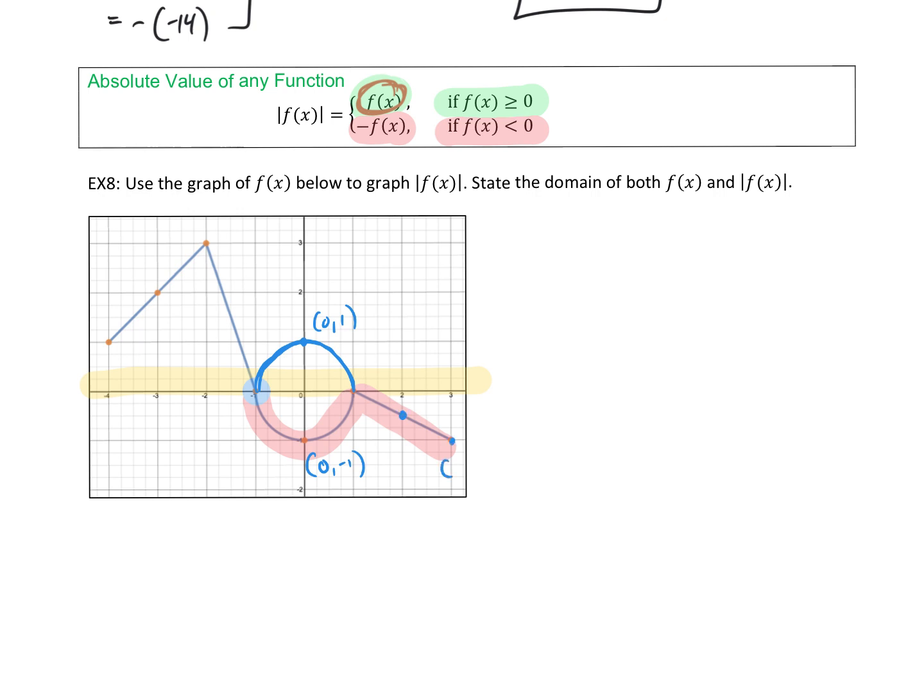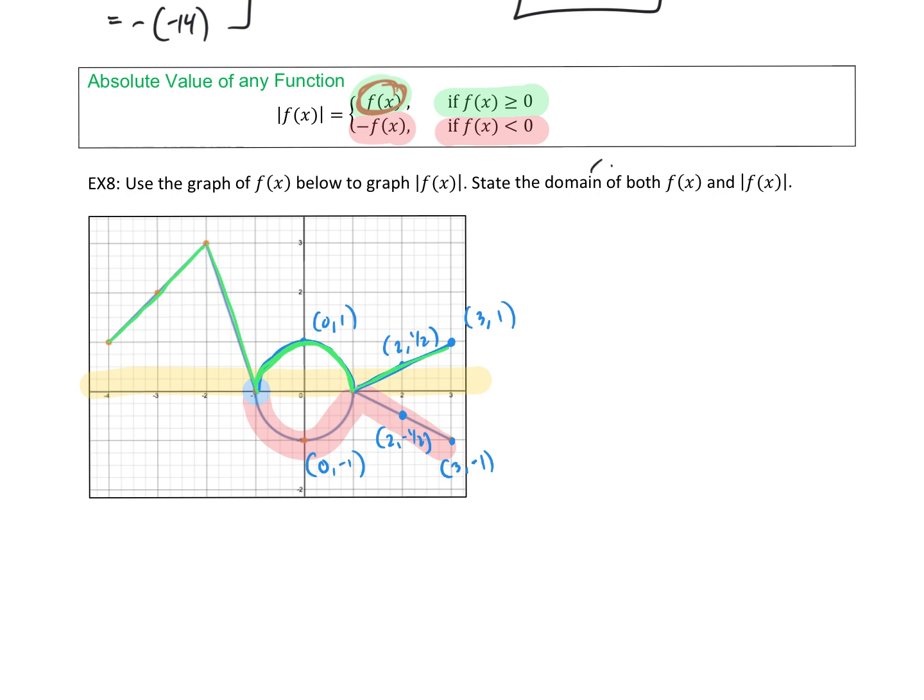That is 3, negative 1, and this is 2, negative half, that looks like. Again, we're just going to take the opposite of it. So that'll be 3, positive 1, and this will be 2, positive half. And my graph will continue up like this. So that is my absolute value function. It's still the part where it was positive, and then the reflection part where it now becomes the opposite of the original value.